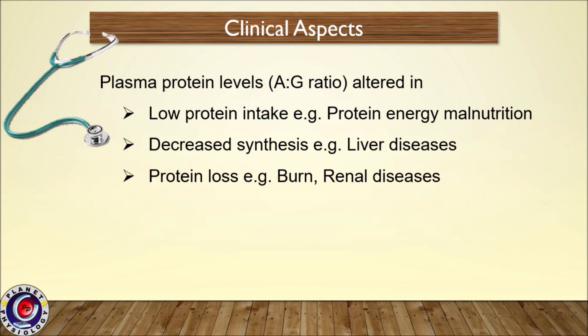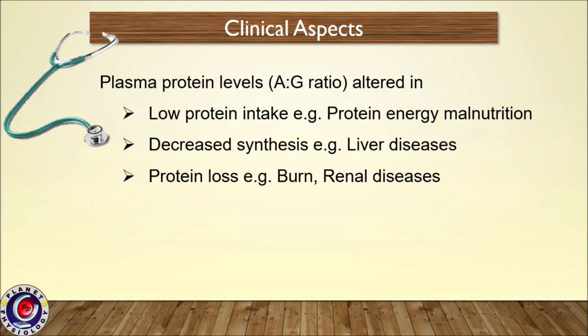The normal ratio is 1.7:1, and it can be altered if the protein intake is low, as in protein energy malnutrition, or if there is decreased synthesis of especially albumin, say in liver diseases, or there is excess protein loss. Again, albumin is the main protein which can be lost easily from the circulation in burns or in renal diseases.